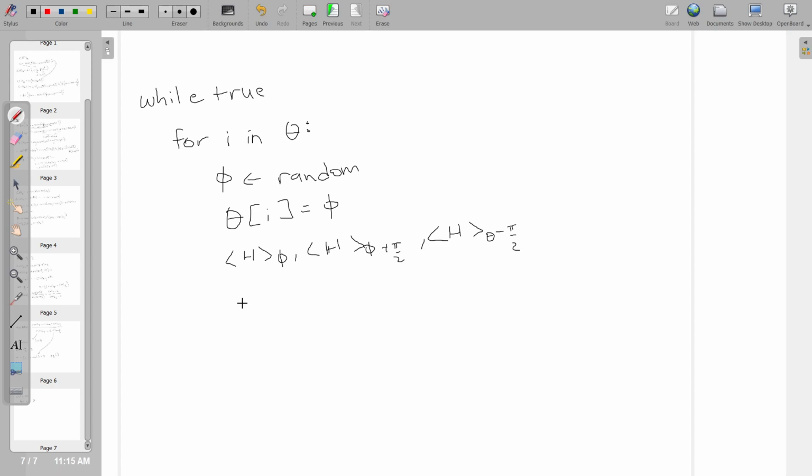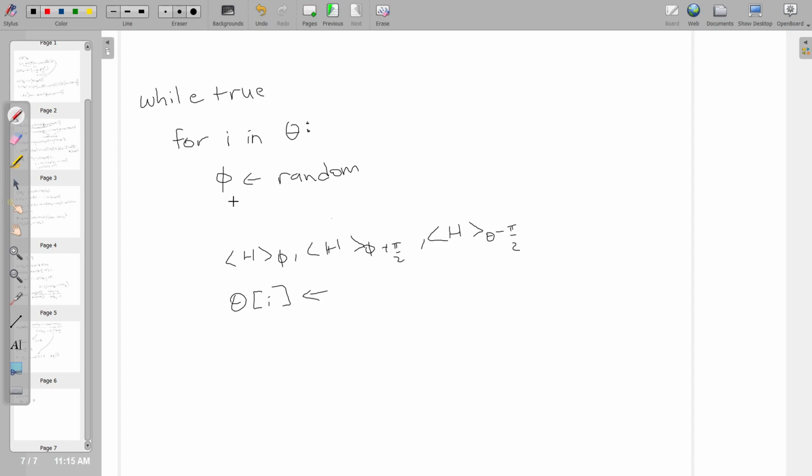And then we can use... I guess I didn't really need to write this part. That just might confuse it.